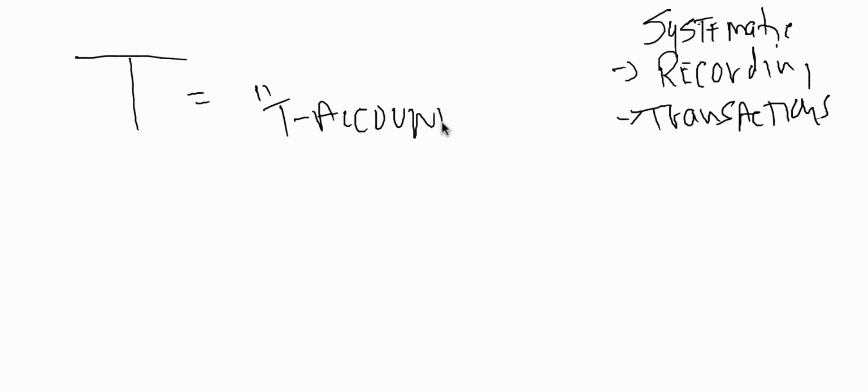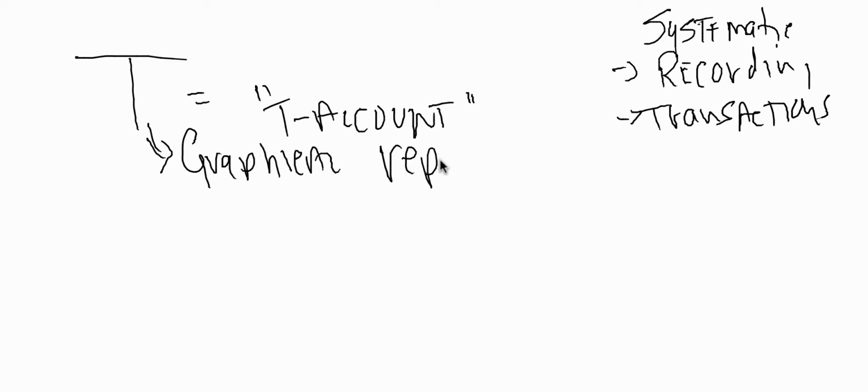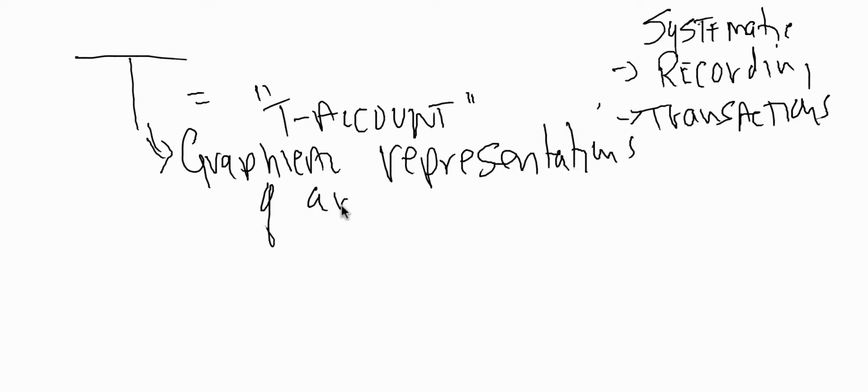The reason it's called a T account is because it looks like a T. These are graphical representations of an account. Now we've got to get a little bit deeper into what an account is.